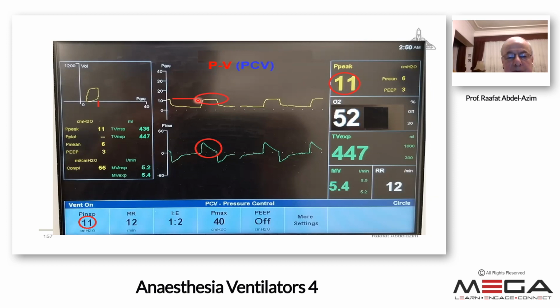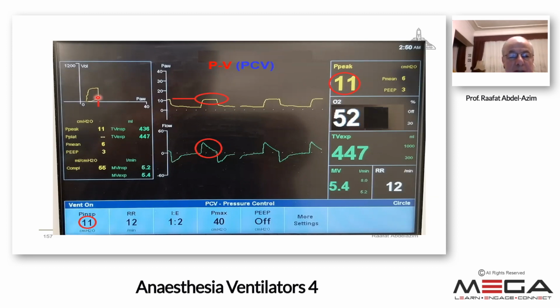And when we go to the loop, we can see that the starting point is 3. So it is 3 on the horizontal line of pressure. It will go up to the right, because of pressure, and up because of volume. Then it will reach its peak, or its preset value, or the inspiratory pressure value, and it will be kept constant.